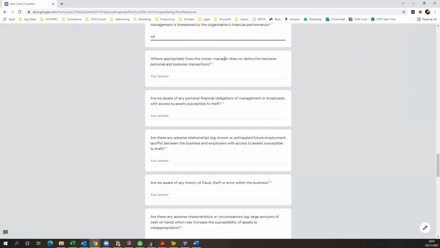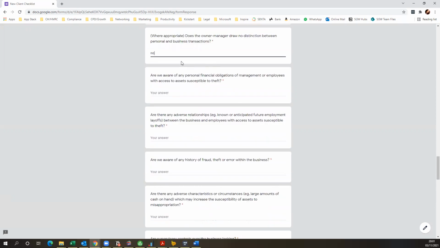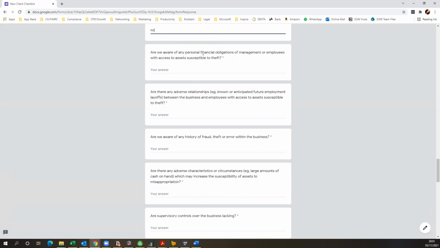Where appropriate, does the owner manager draw no distinction between the personal and business transactions? So basically, does the owner use the business account as their own personal bank account? We need to be aware of people that do that, because that's where lines get blurry. Are we aware of any personal financial obligations of management or employees with access to assets susceptible to theft?